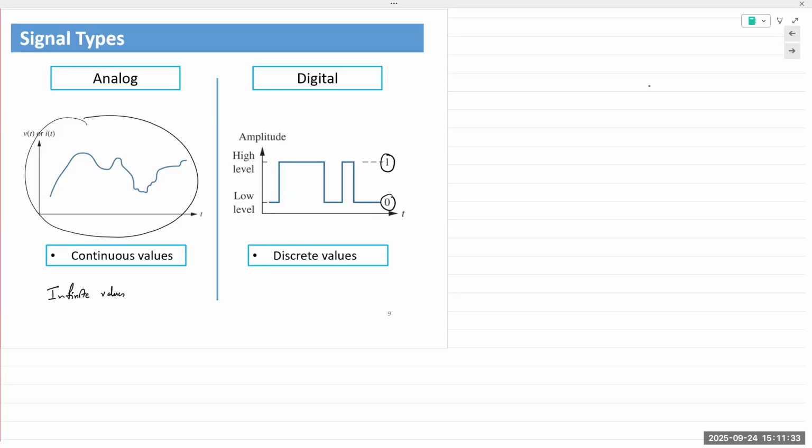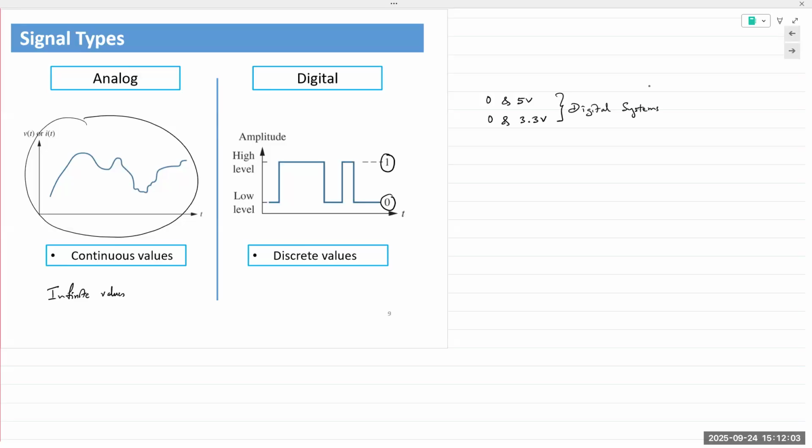Typically, digital systems used to be a 5-volt system, so it would be 0 and 5 volts, or now you have 0 and 3.3 volts. Whether systems are analog or digital, they are still referring to voltage and current.